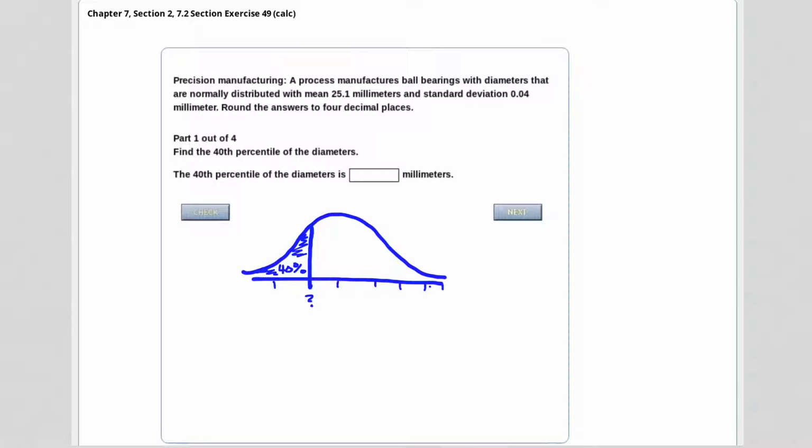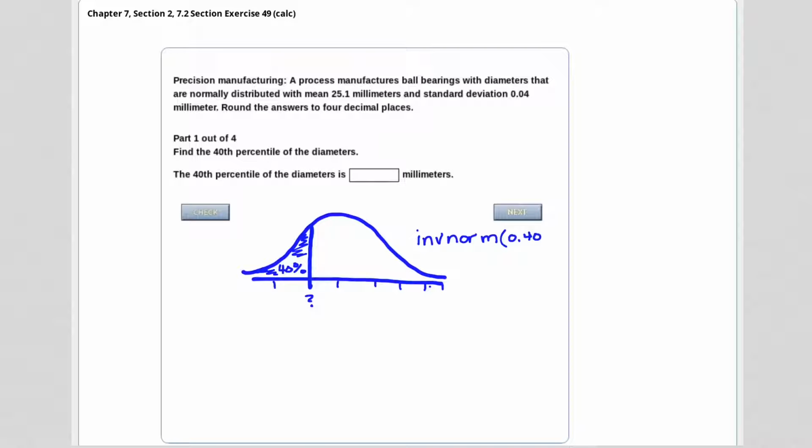So when we're starting with the percentage and we need to find the data value, we use the inverse norm function. In the calculator, I'm going to type in inverse norm, and I'll explain how to get there in just a second. Then I put in the percent that falls on the left.